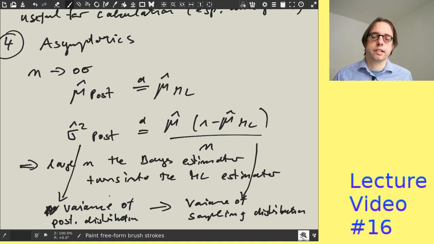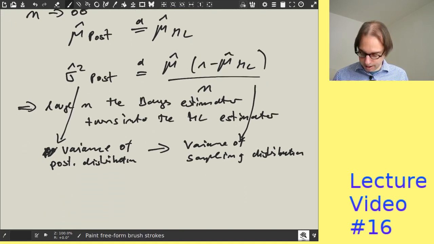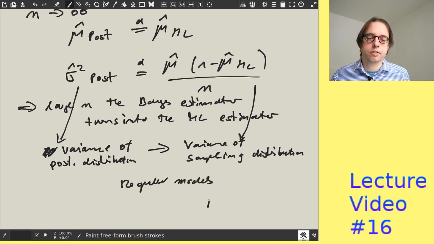The posterior distribution becomes the same form as the sampling distribution in the limit. So that's interesting, and this also leads directly to, so asymptotically, in regular models, we know that this is asymptotically normal.